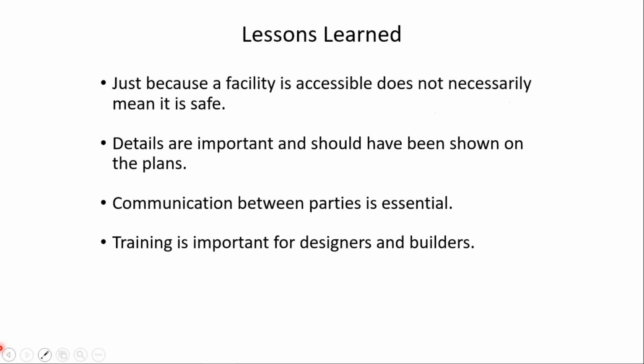So what can we learn from this? Just because a facility is accessible doesn't necessarily mean it's safe. Details are important and probably should have been shown on the construction plans of where those type 3 barricades were to be located. It was left up to the construction personnel. Communication between the parties is essential.